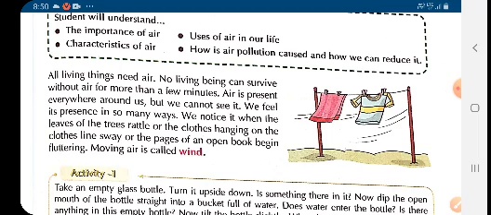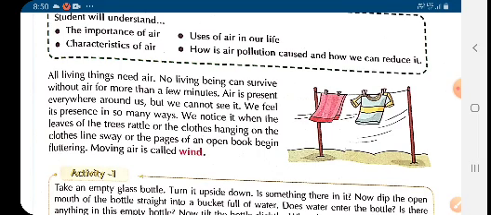Children, air is colorless and odorless. That is why we cannot see the air, but we can feel it. In the room in which we live, in our bedroom also, there is air, but we cannot see it, because, as I told you, air has no color or smell.